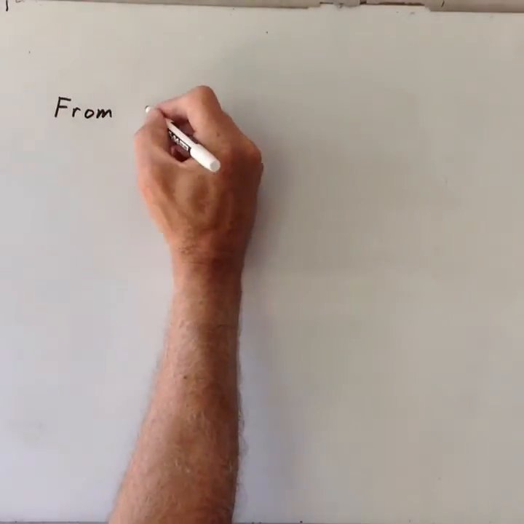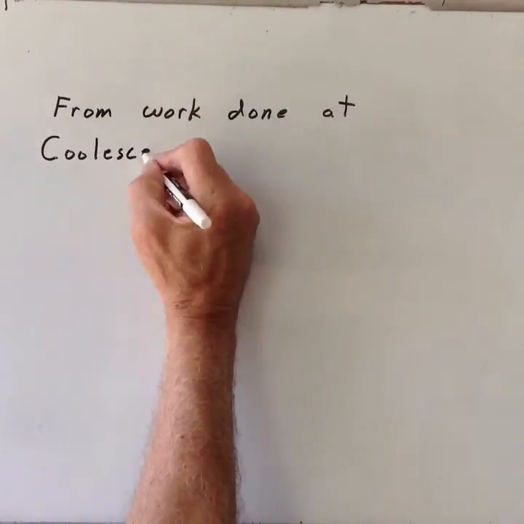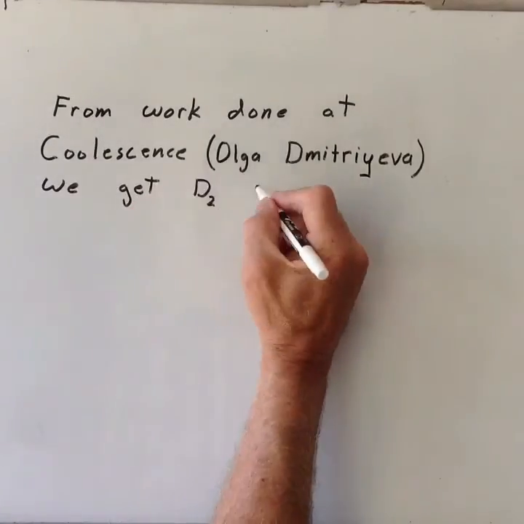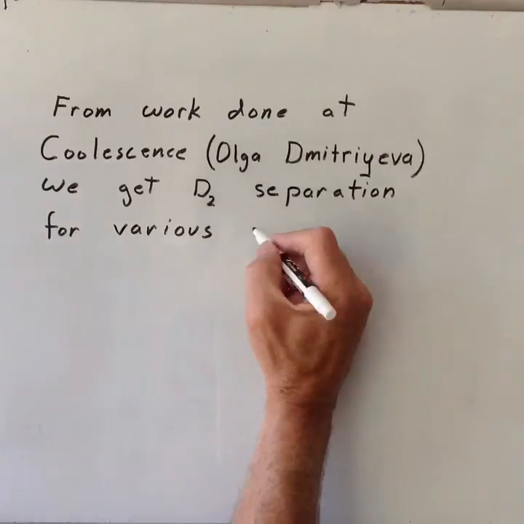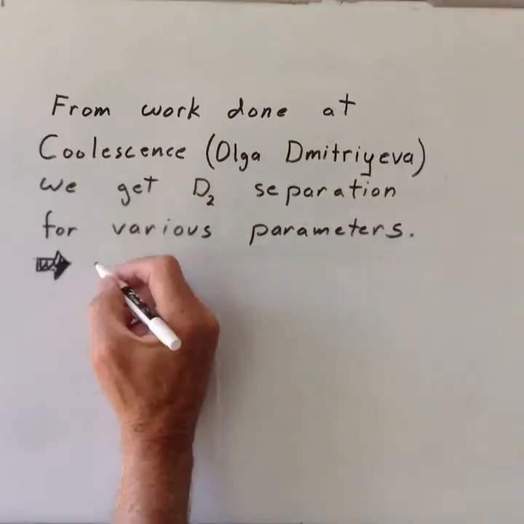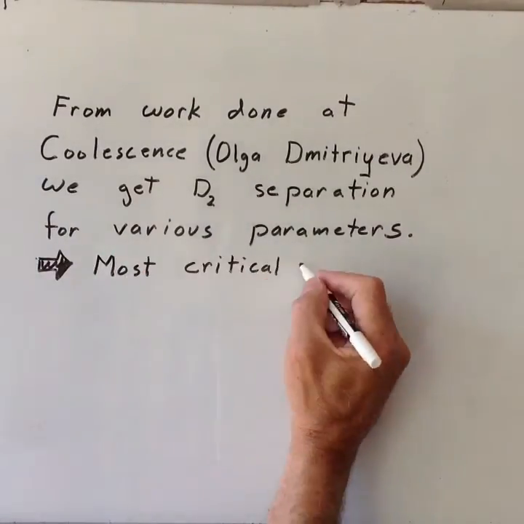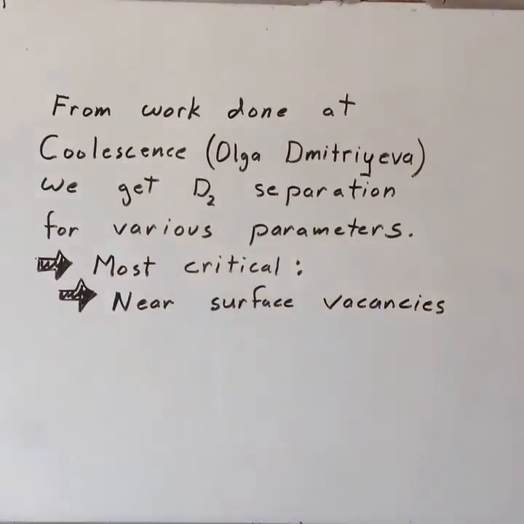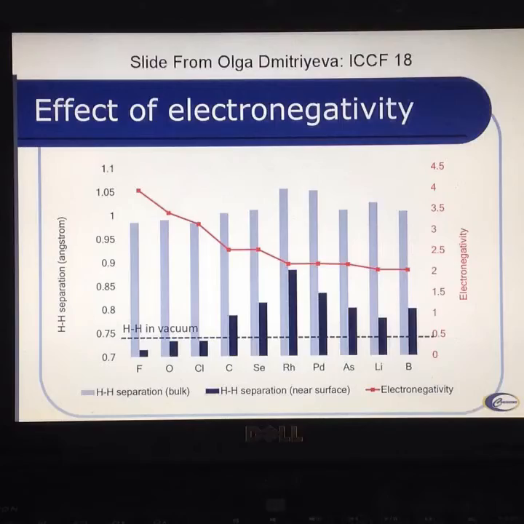To get an idea for why the fusion reaction seems to occur at the surface, we just need to look at molecular modeling done by Olga at Coalescence and reported at ICCF 18. From Olga's work, we can see the most critical factor leading to shorter D2 bond lengths, and hence shorter half-lives, is the location of the original vacancy near the surface.